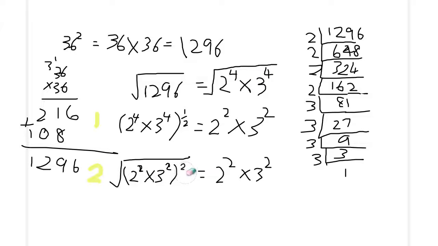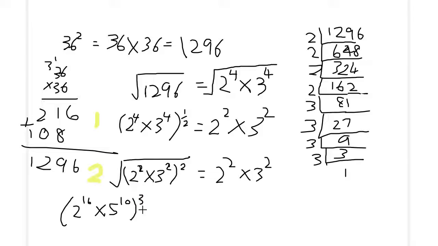That is because when you put a power into a bracket, this is an example here, let's say 2 to the power of 16 times 5 to the power of 10, whatever, and you raise this to a power of 3.